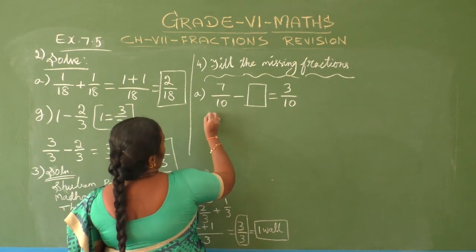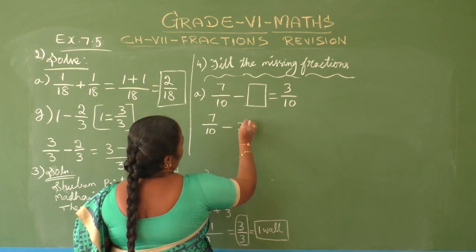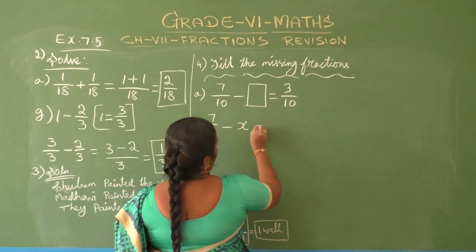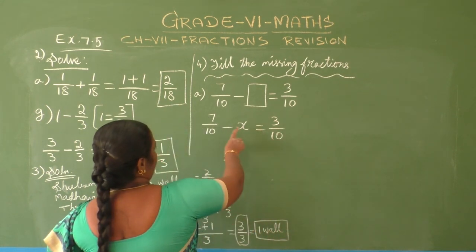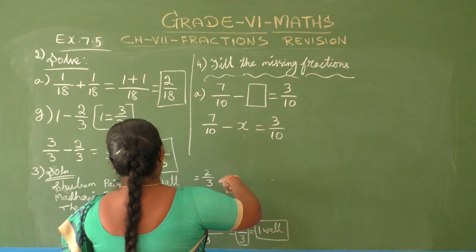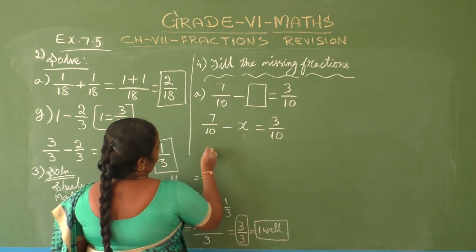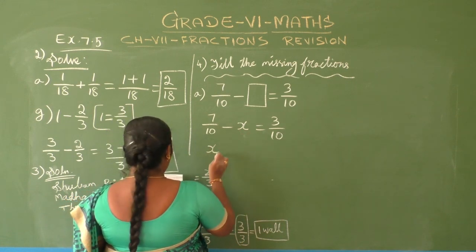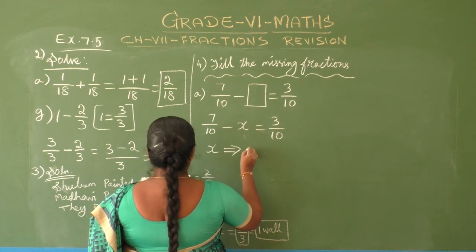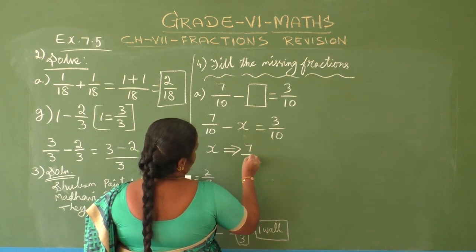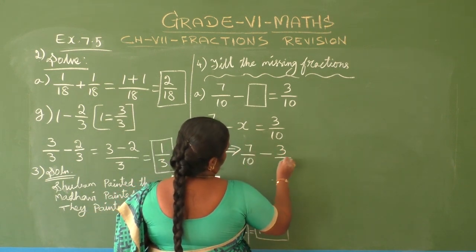So 7 by 10 minus, we don't know this, so we can keep it as x, equal to 3 by 10. Now we are going to find this x. So I take out the x because I am going to find it. x equals 7 by 10 minus 3 by 10.